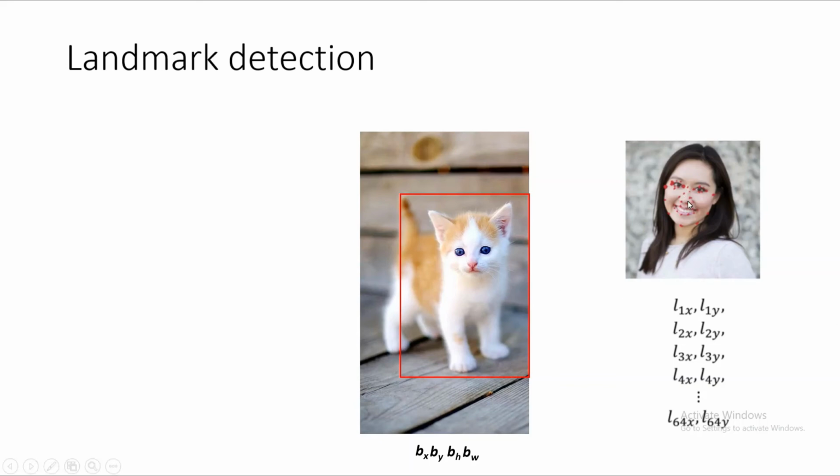We can modify the neural network so that the output will be L1x, L1y for the first point, L2x and L2y for the second point, and so on.